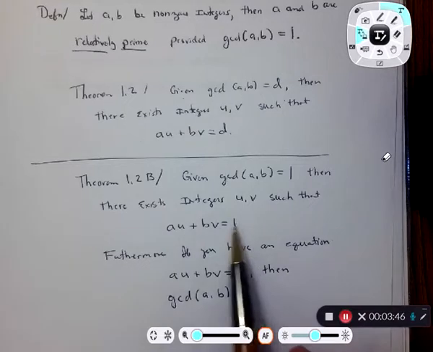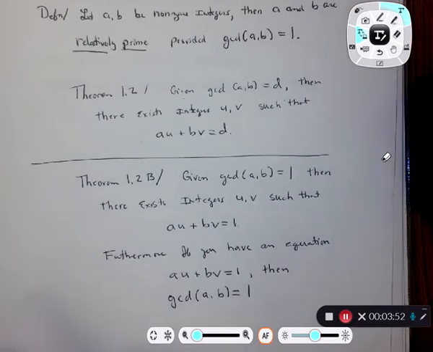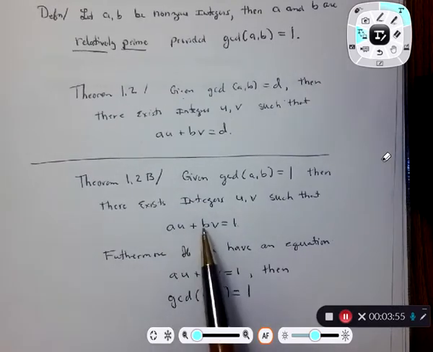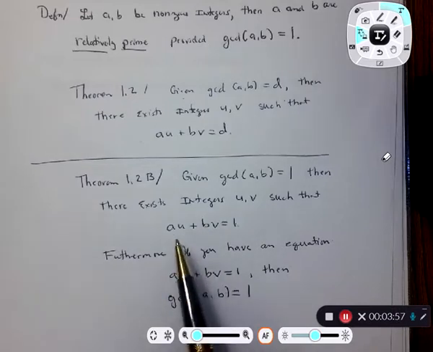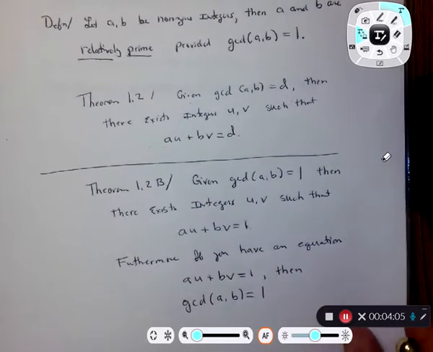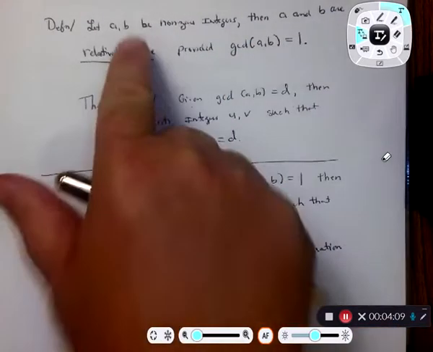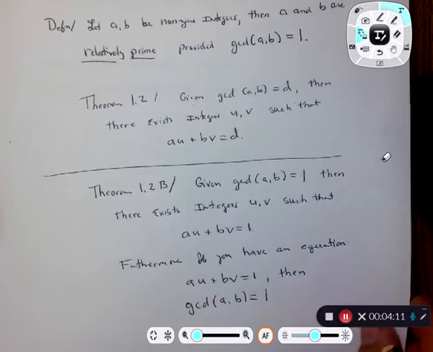So if you ever come up with an equation like this, then the GCD of A and B is going to be 1, the GCD of A and V would be 1, the GCD of U and B would be 1, and the GCD of U and V would be 1. And it's the idea that 1 is the smallest positive integer. But when the GCD of A and B equals 1, we call A and B relatively prime.